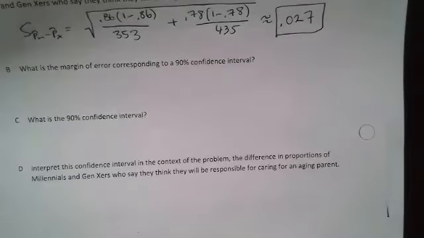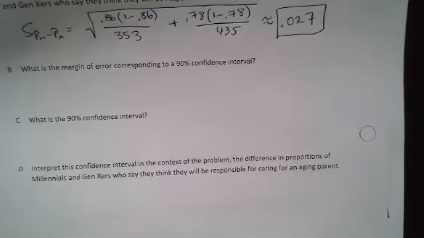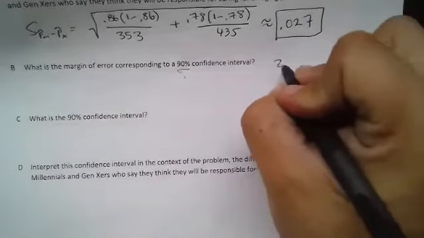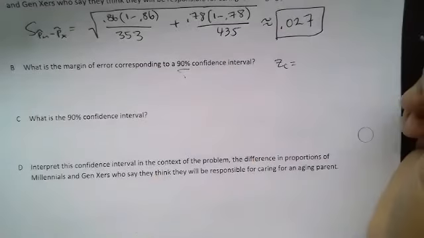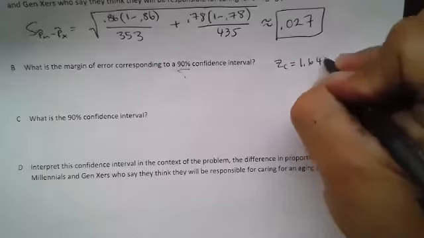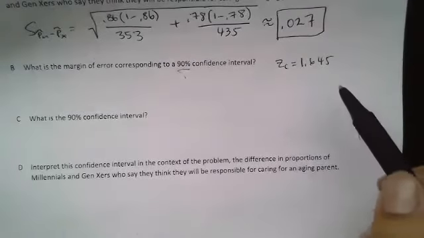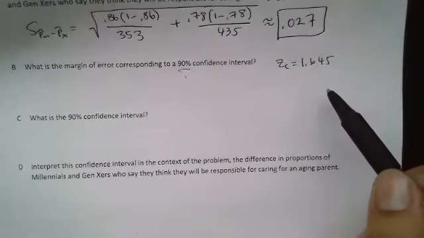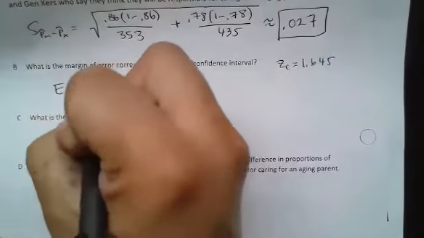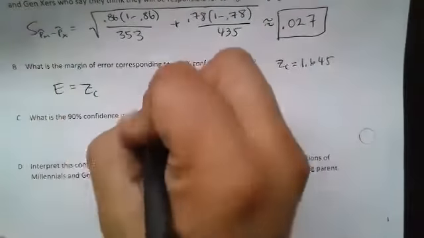So what level of confidence are we saying? 90%, right? So what does that mean our Z critical is? 1.645, right? Yeah, good job. Okay, so remember that the margin of error is Z critical times the standard error.